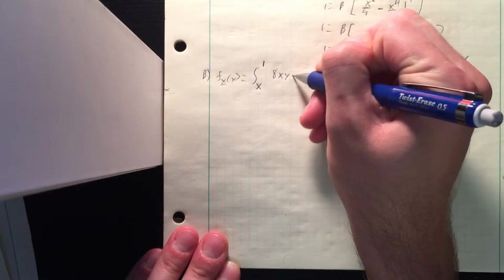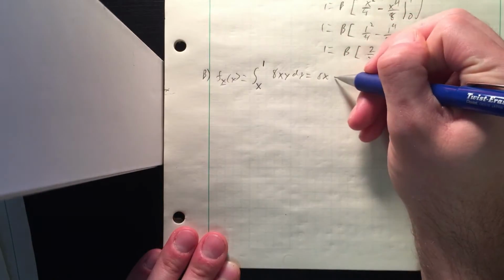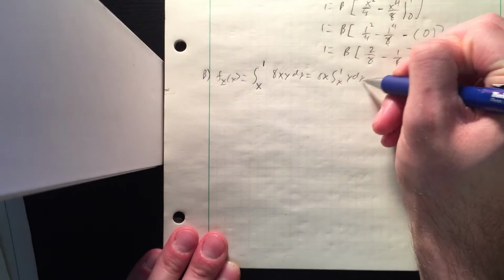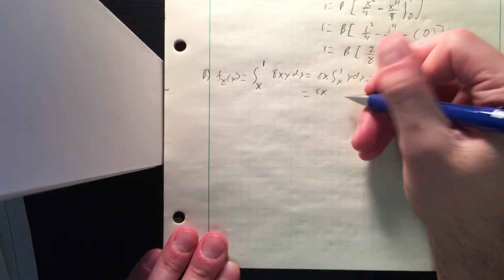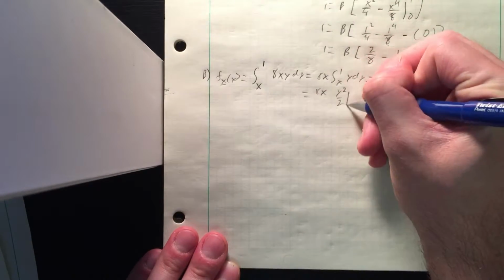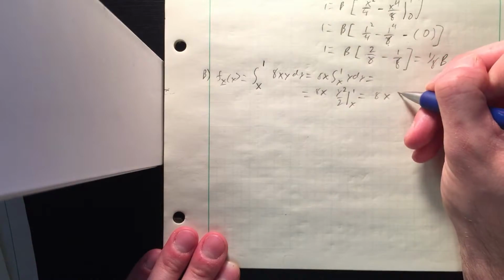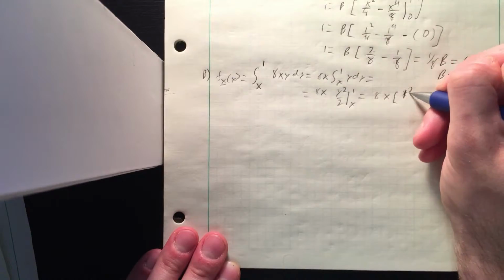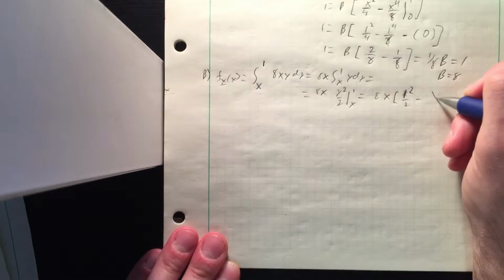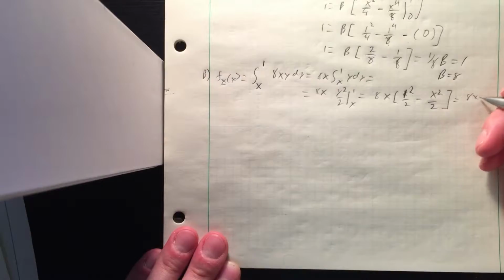So 8xy dy will equal 8x times y squared over 2, from x to 1, which is 8x times 1 squared over 2 minus x squared over 2, which is 8x over 2 minus 8x cubed over 2.